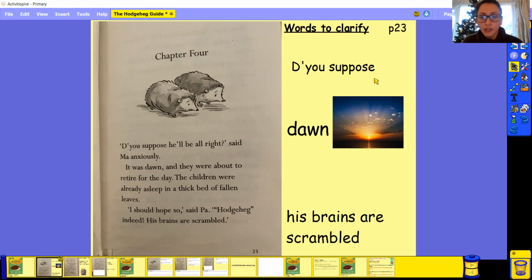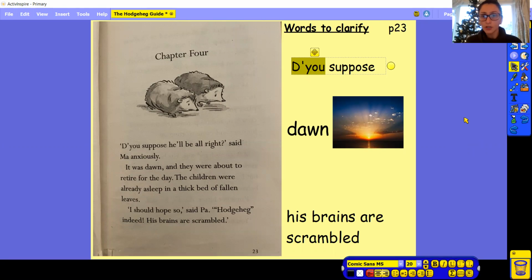So we've got "do you suppose", okay? This is just a way of contracting. What's happened is that it's dropped the O and put an apostrophe here, and this is for omission.